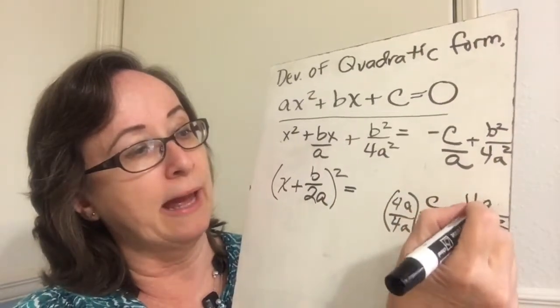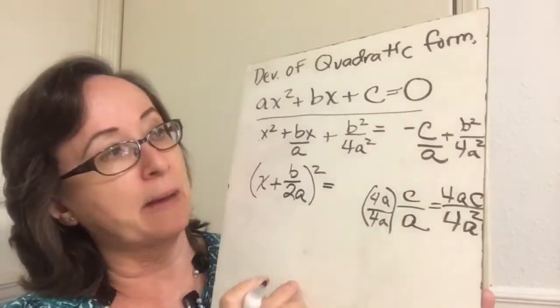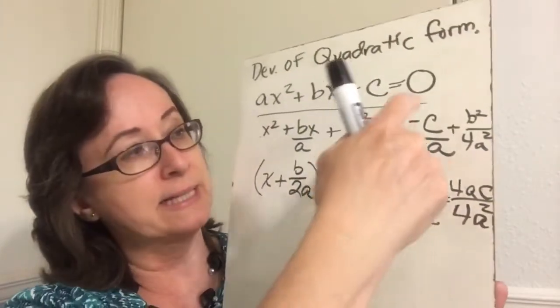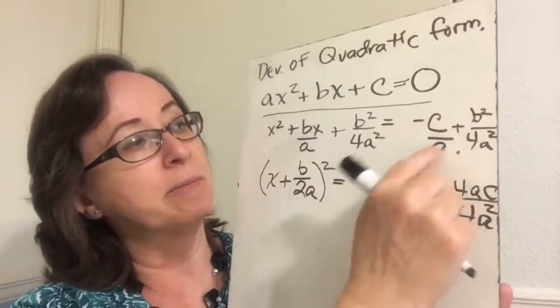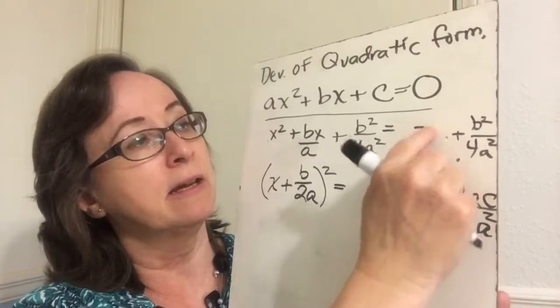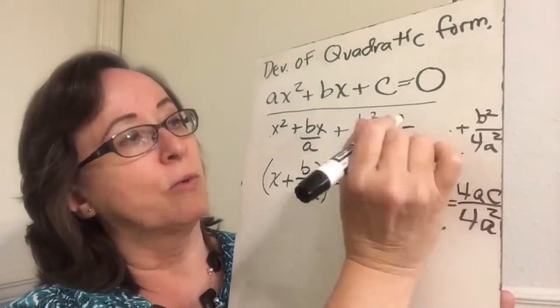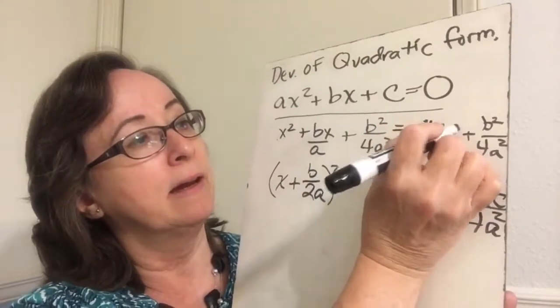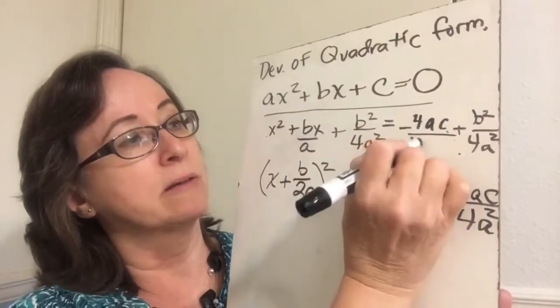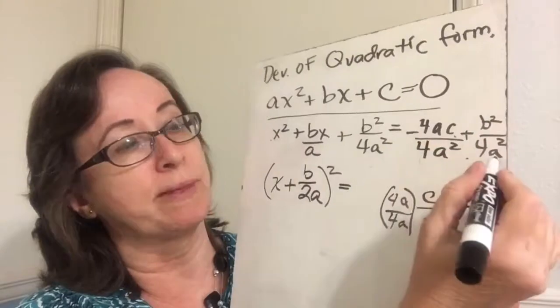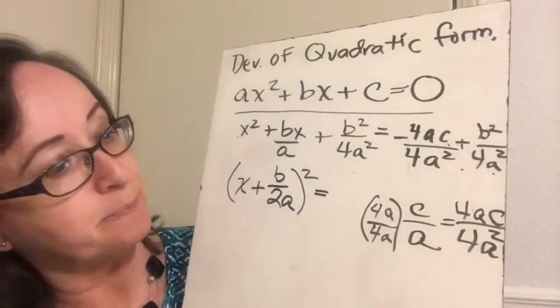So 4ac is the top. So this one right here, this negative c over a, I'm going to change it to negative 4ac over 4a squared, so that I have a common denominator with this other part that I have over here.